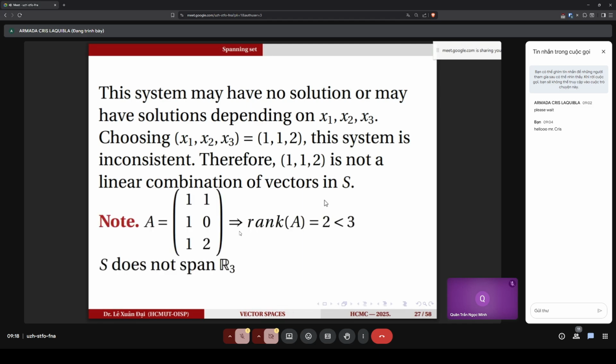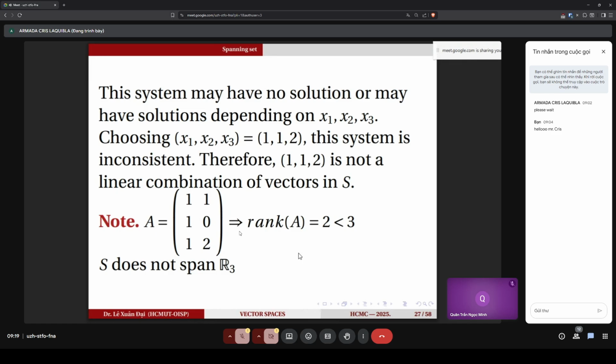And now, class, to show that it will span or will not span R3, we use its rank. Now, why are we using rank here? If the matrix that it will form is not a square matrix, you have to use the rank. We have a theorem after this.